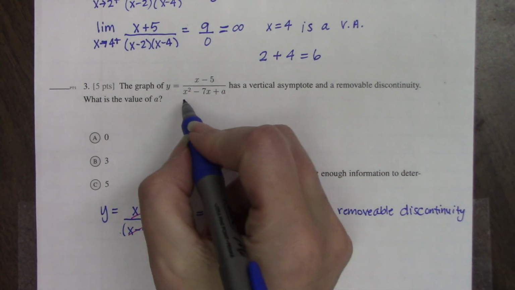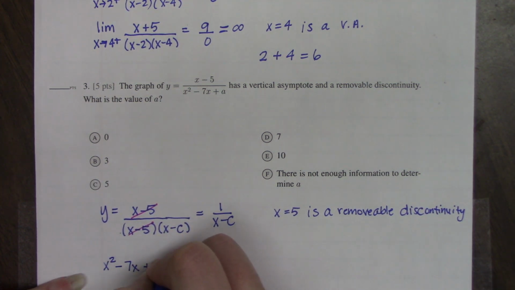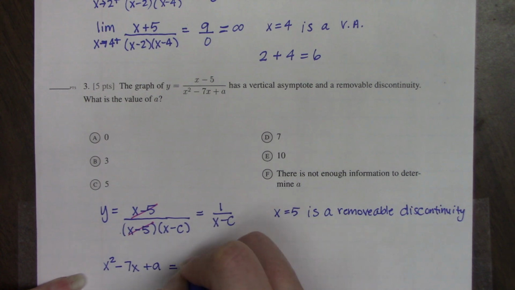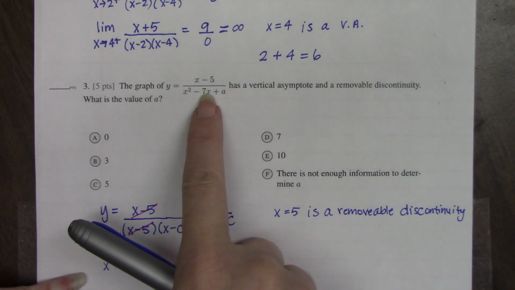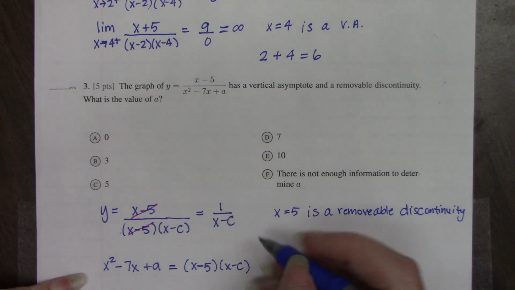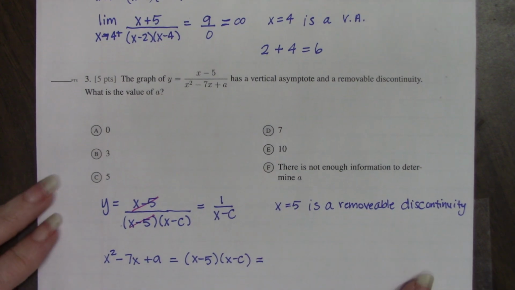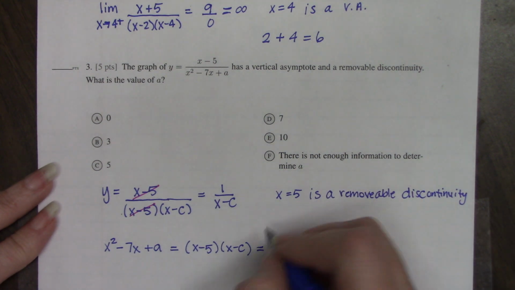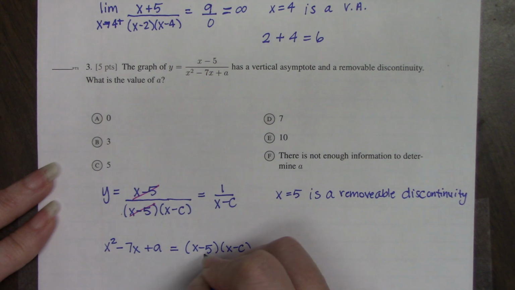Now, the denominator we started with, which is x squared minus 7x plus a, has to equal x minus 5 times x minus c, right? Because this denominator has to be the same as this denominator. Now, if I FOIL out these two terms, I'll get x squared. That's the first two terms.